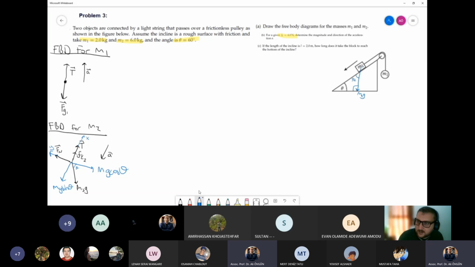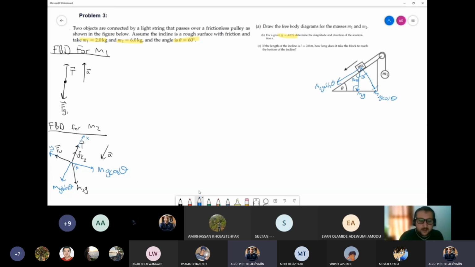Here is 90 minus theta. So if you draw these two components of m2g, this is m2g cosine theta, and opposite it is m2g sine theta. Here I show it better.